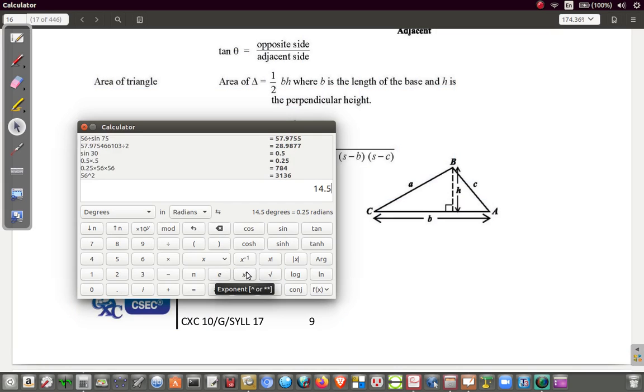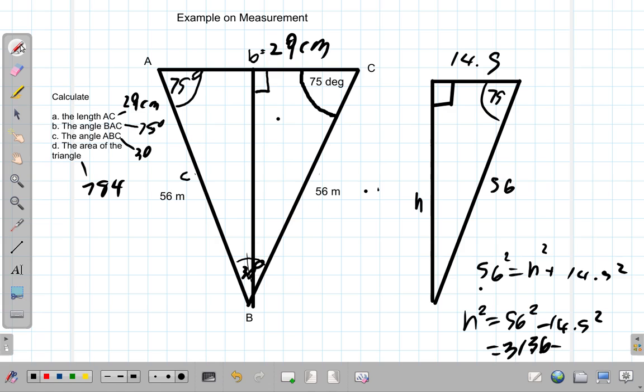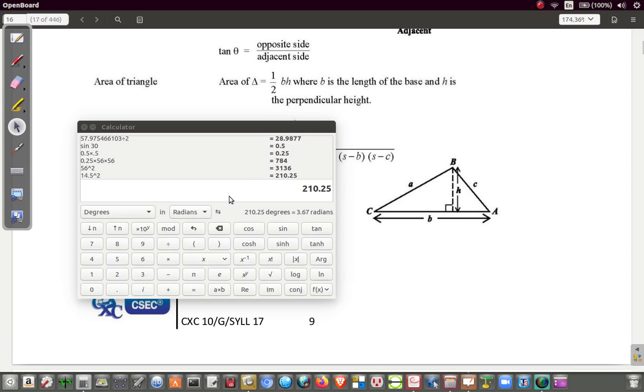I don't have a direct square here. What I have is to the power of 2, or I could just multiply the numbers. 14.5 squared is 210.25. Alright, so let's subtract these, 3136 minus 210.25.